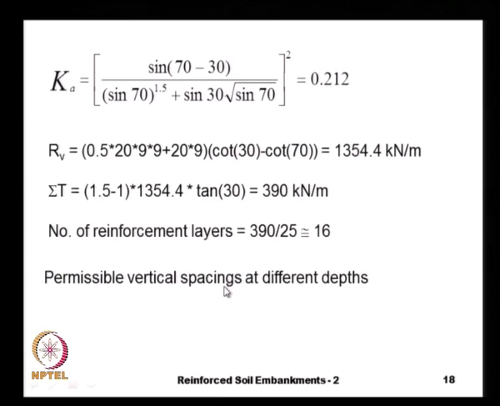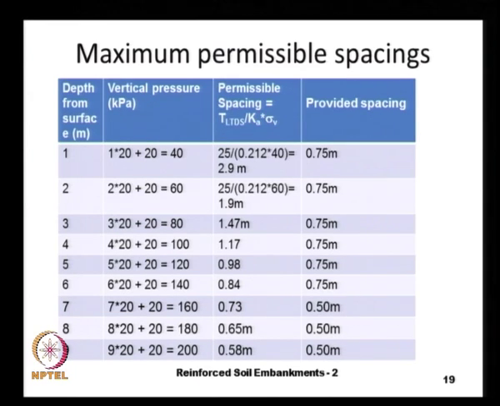Now we need to find the permissible vertical spacings at different depths. For this, our permissible spacing is T, that is the long term allowable design strength, divided by the force transferred over the height of SV, that is the spacing.